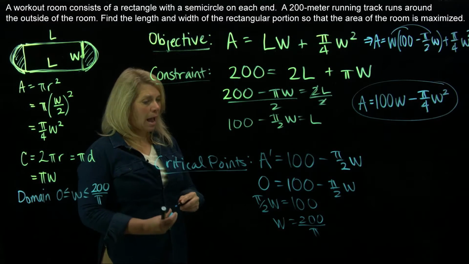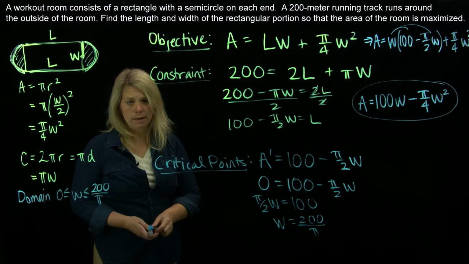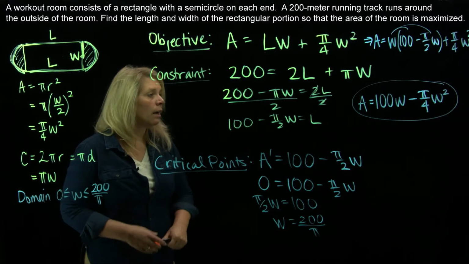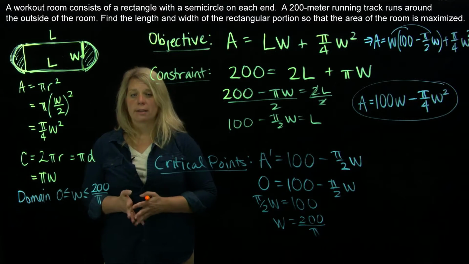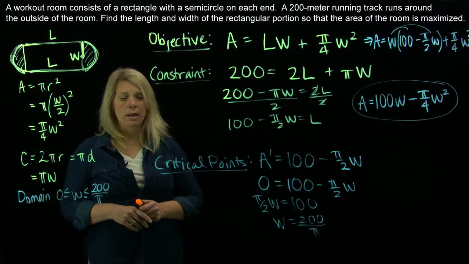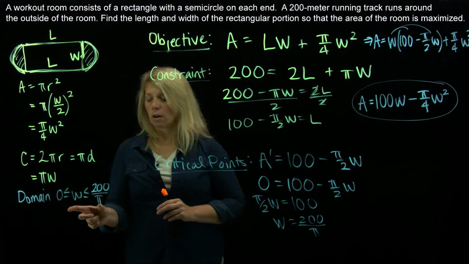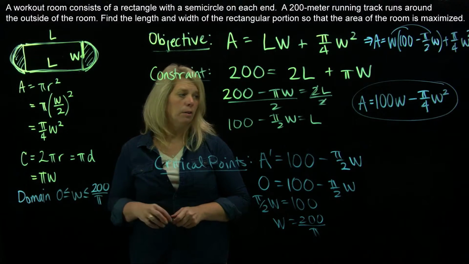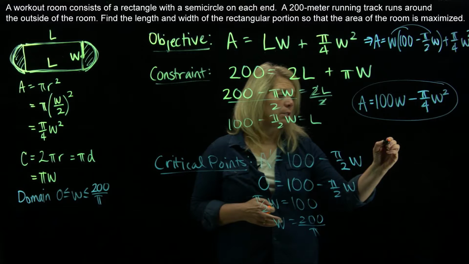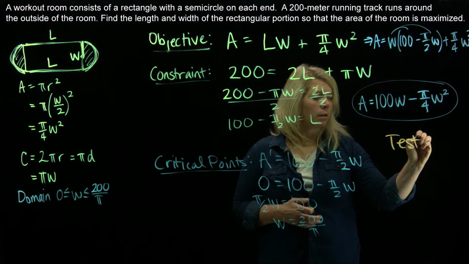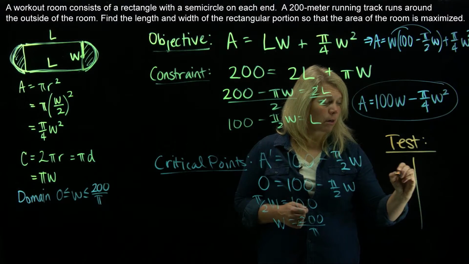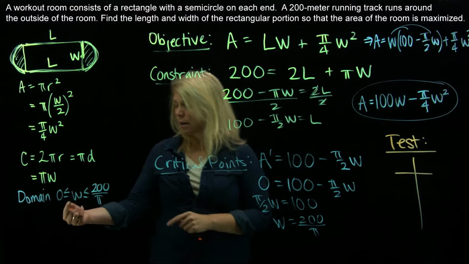All right, then we want to test, and we've talked about several different ways to test here. The one way that I haven't done in any of these videos, we'll go ahead and do here. That would be where I test for absolute extrema on a closed and bounded interval. To do that test, we're just going to plug our critical points and our endpoints of the interval into the function.